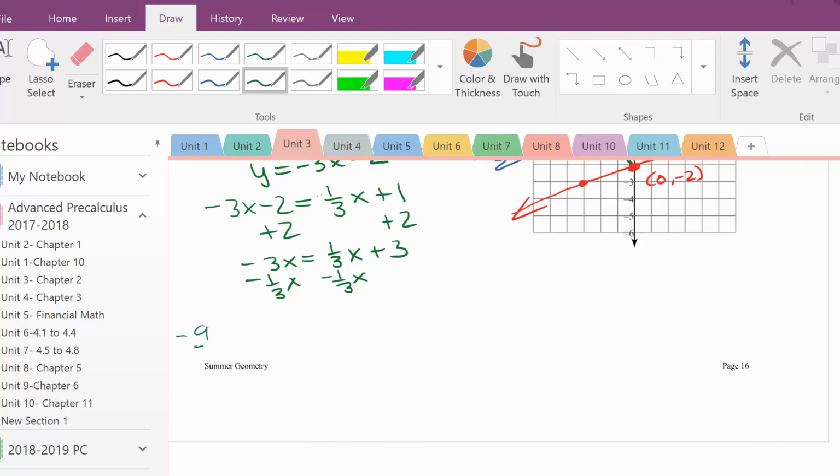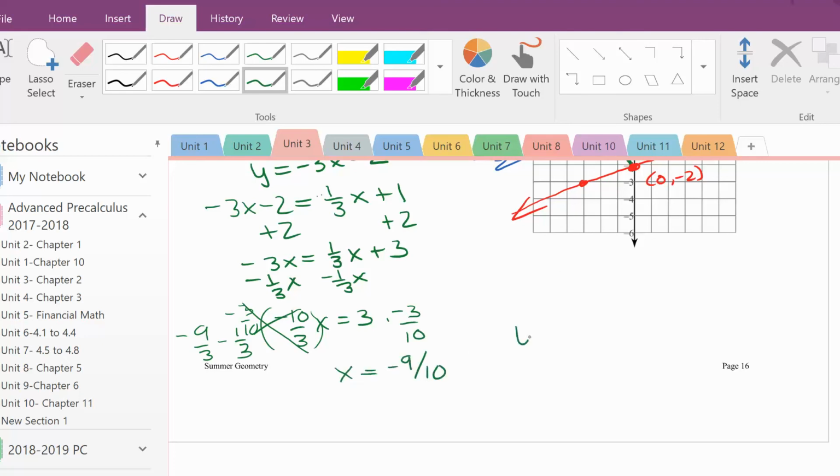So -9/3 minus 1/3. So -10/3 x equals 3. So multiply by -3/10. So we get x equals -9/10.